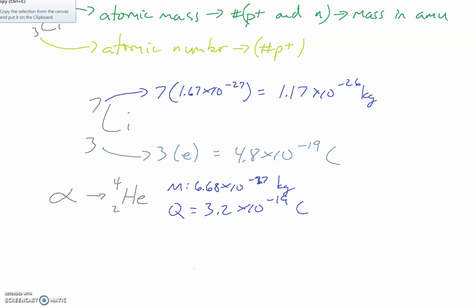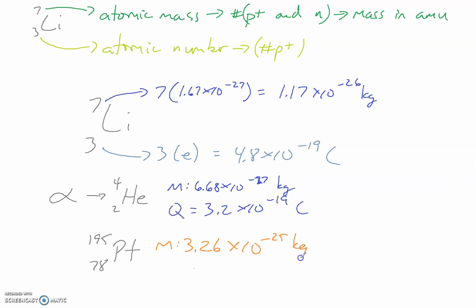So then if we took quickly another one, let's take platinum, so that's Pt, and we've got 195 and 78. If we wanted to find the mass and charge of this one, to find the mass we would do 195 times that 1.6-ish times 10 to the negative 27, and we'd have a mass of around 3.26 times 10 to the negative 25 kilograms.